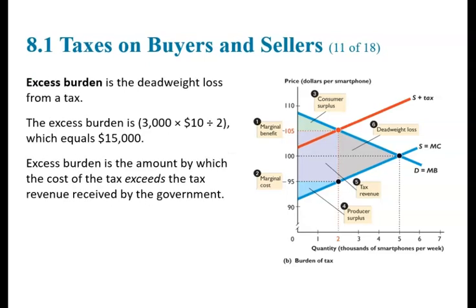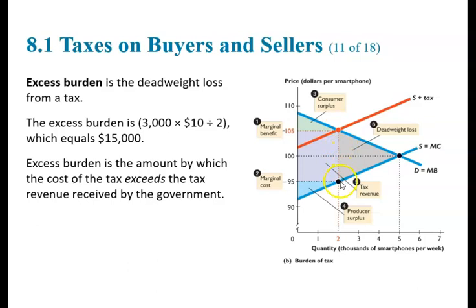So deadweight loss, or the excess burden of the tax, can obviously be calculated if you are presented with the numbers. In this case you are, so you can simply use the half multiplied by base multiplied by height formula to calculate the area of this triangle.